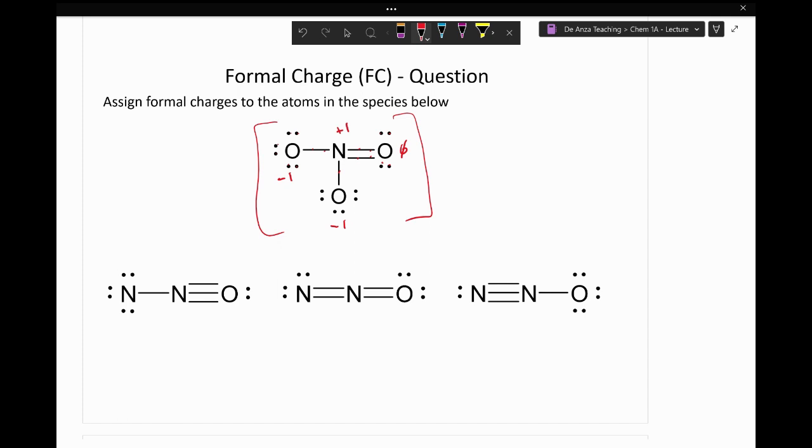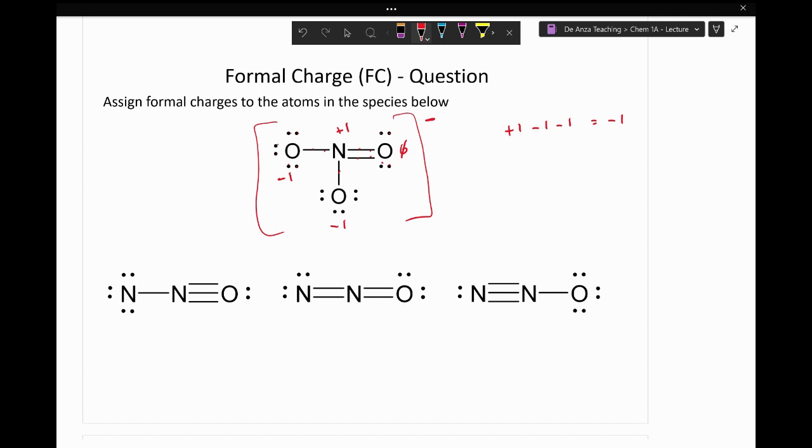And so if we look at our sum of formal charges here, that's +1, and then -1 and -1, so that equals a total of -1. So we should put a negative on the outside of this. And then we can assign formal charges to each of the structures below as well.